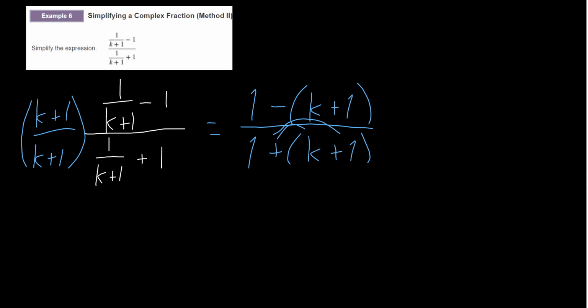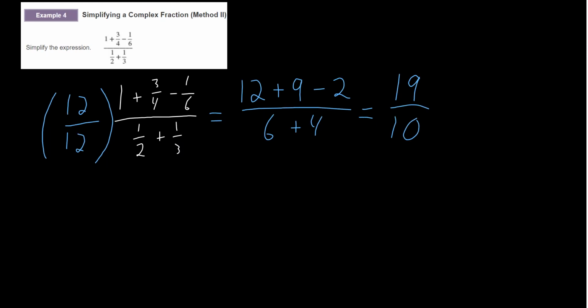But the previous example we did, let's go back. This would be an example here. When I distribute this 12 over here, it was 12 times 1/6, which is a 2.